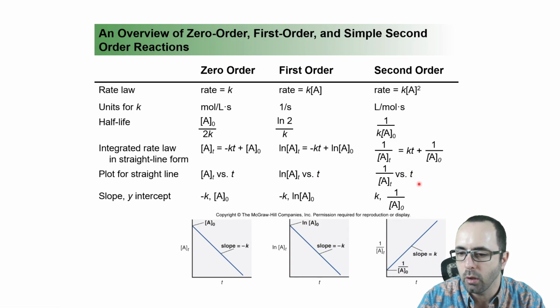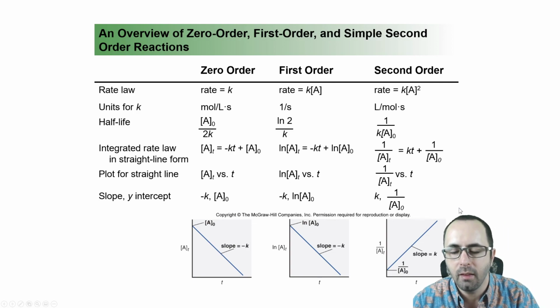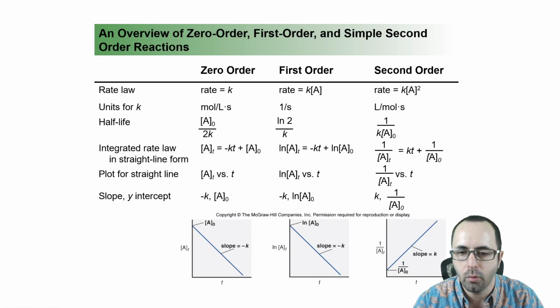If a graph of 1 over concentration versus time is linear, that means you have a second order reaction. And the slopes would be here respectively. And so I showed how you could derive that from the initial equations that you'd be provided. And these are the same graphs that we looked at. And so that's a summary of what we learned here with integrated rate law.